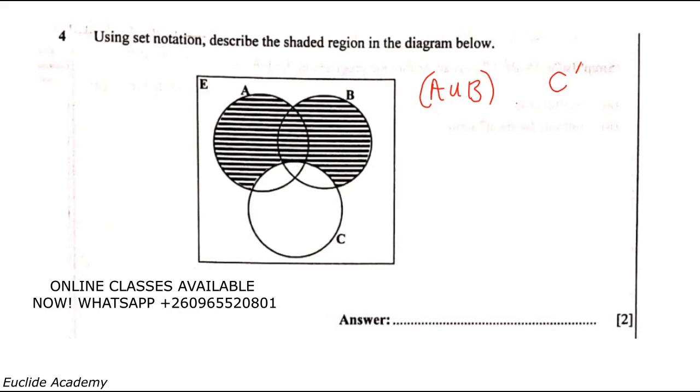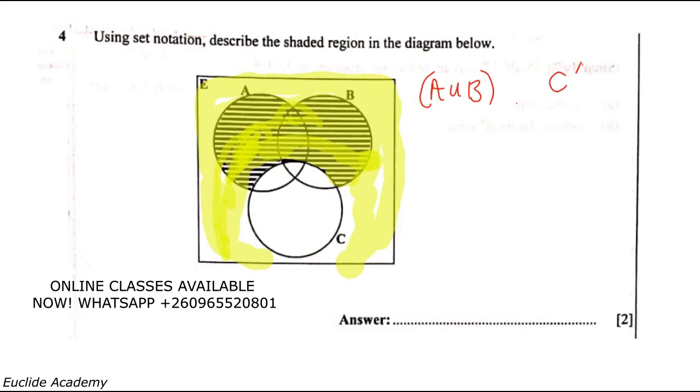And then we can basically say, so I'm going to try to shade a little bit here. C complement is whatever is in yellow right here, whatever is outside C. So this is C complement. It might go a little bit outside of the Venn diagram, but anyway, that is fine. So this is C complement, that is in yellow.